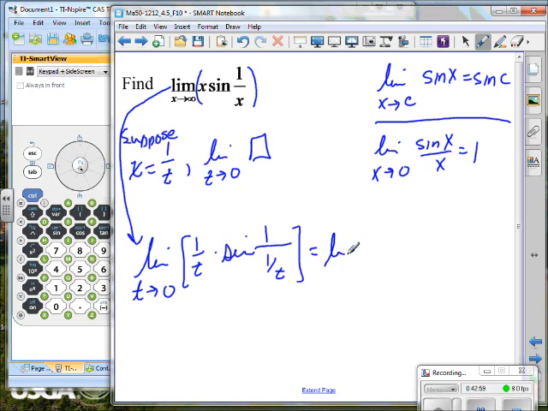Well, that would be the limit as t goes to 0 of the sine of t divided by t. Now, how did I make this jump that if x is 1 divided by t, then we're looking at the limit as t goes to 0?